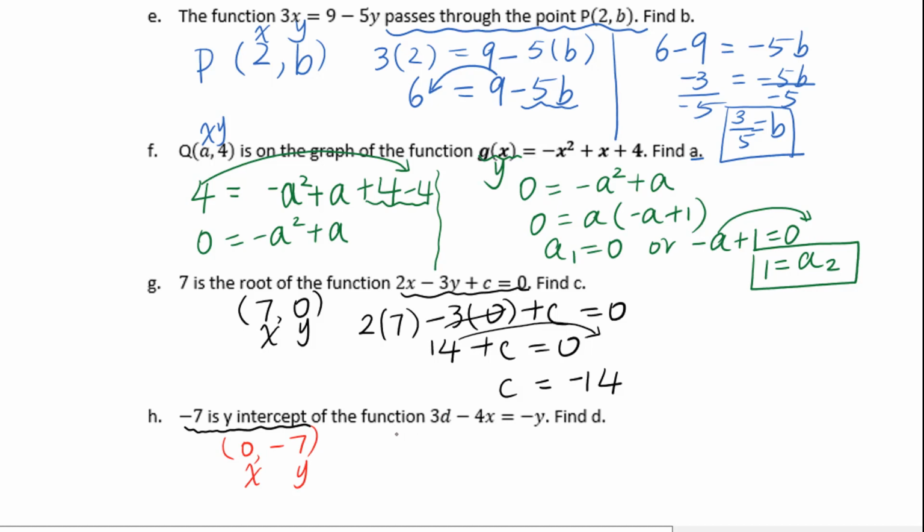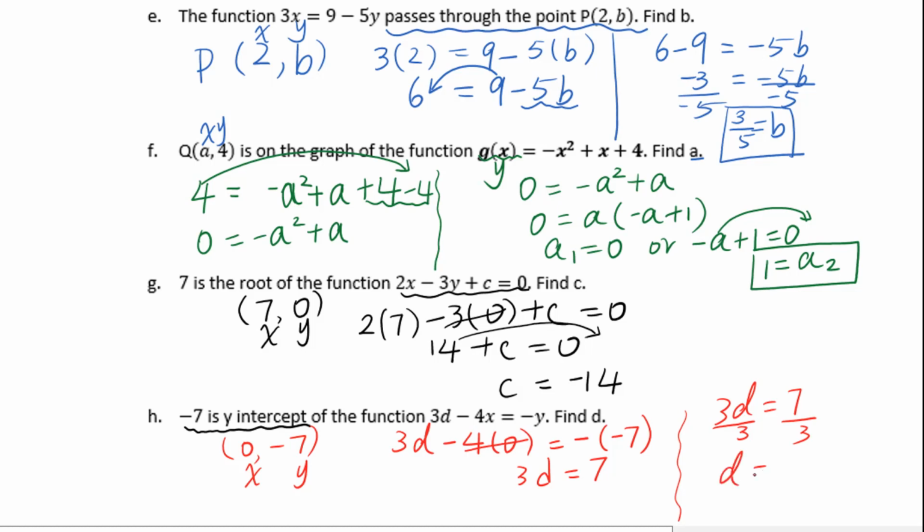Then we plug in 3d minus 4 times 0 equals negative 7. This is 0, so we have 3d equals, negative will be a positive 7. We have 3d equals 7, so we divide it by 3. You will get d equals 7 over 3.